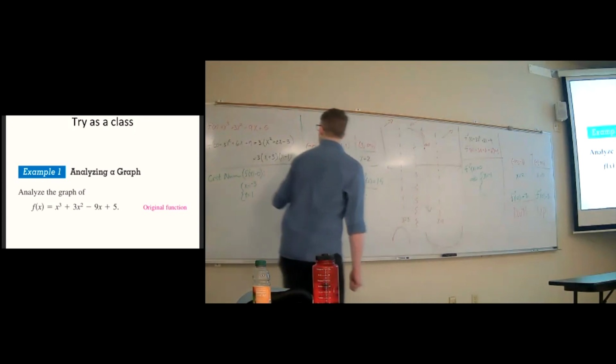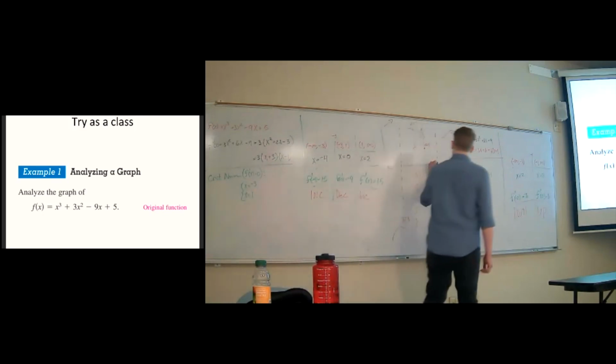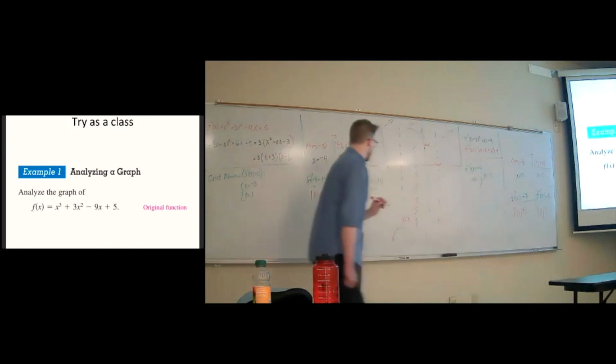So let's plug in 1. 1 plus 3 minus 9. 1 plus 3 is 4, minus 9 is 5. 5. All right, we're at 0. Cool. So we're going to have our ball looking something like that.